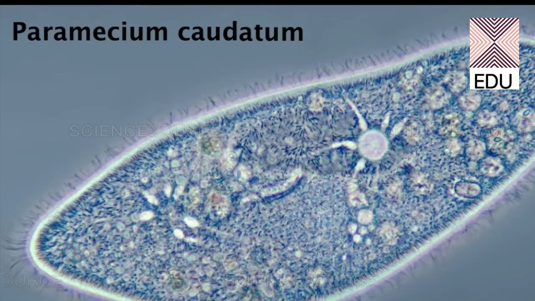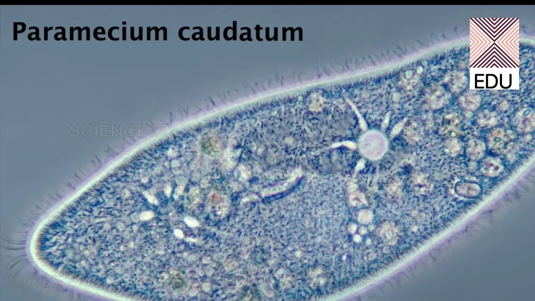Now coming towards the inside of the paramecium, we have the cytoplasm. This cytoplasm has two nuclei. So Paramecium chordatum has two nuclei as compared to one in the case of amoeba proteus, which we discussed earlier.